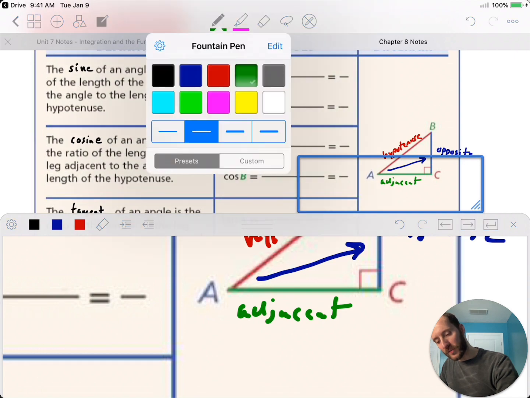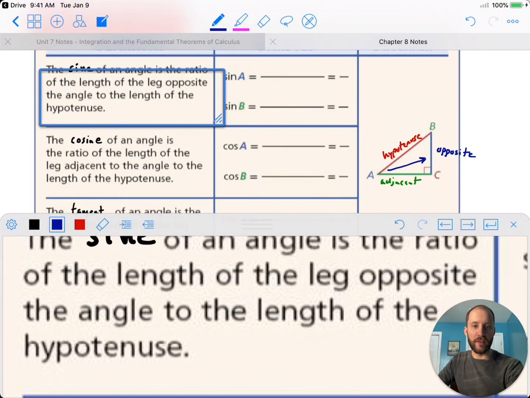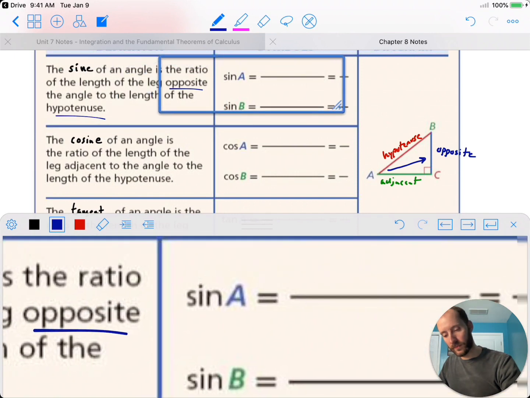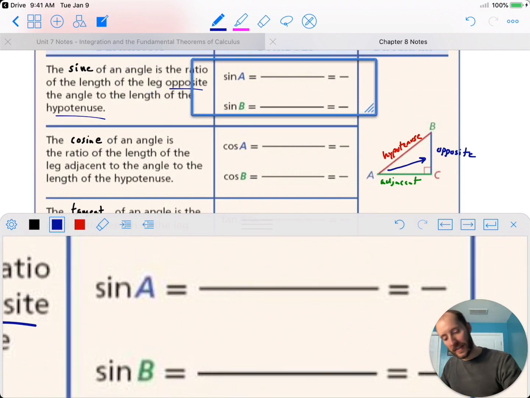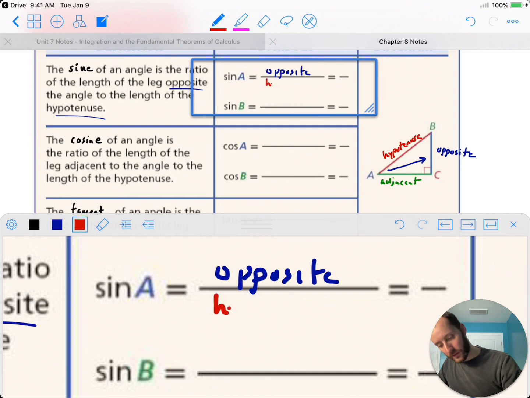And when we go to fill out sine, sine is the ratio of the opposite side over the hypotenuse. So sine of angle A is the opposite over the hypotenuse.